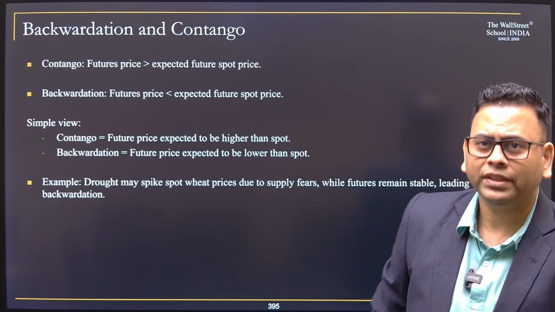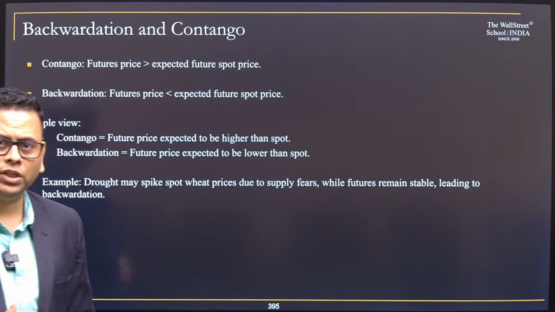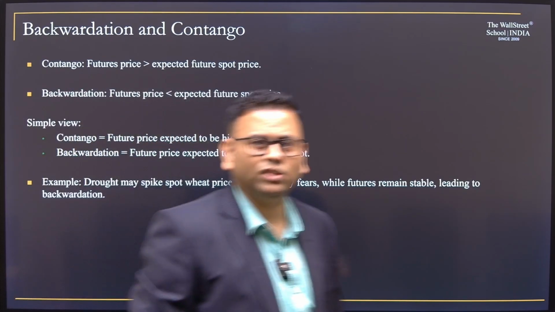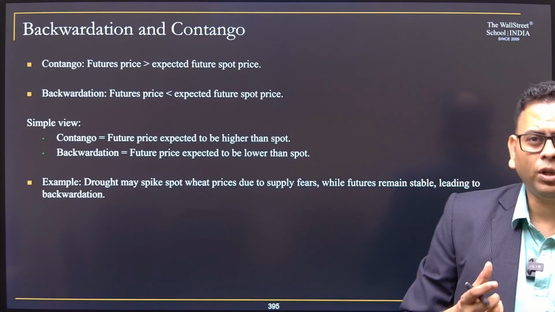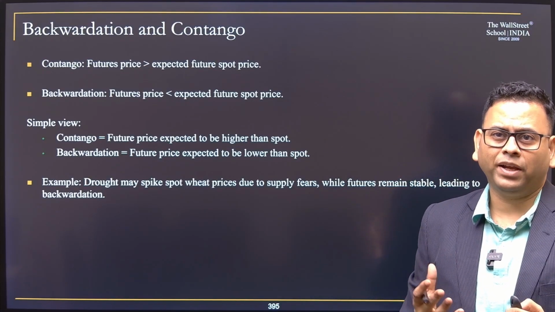One of the reasons why a commodity market can go into backwardation is during times of famine or drought, where the spot price of the asset shoots up with respect to the futures price.